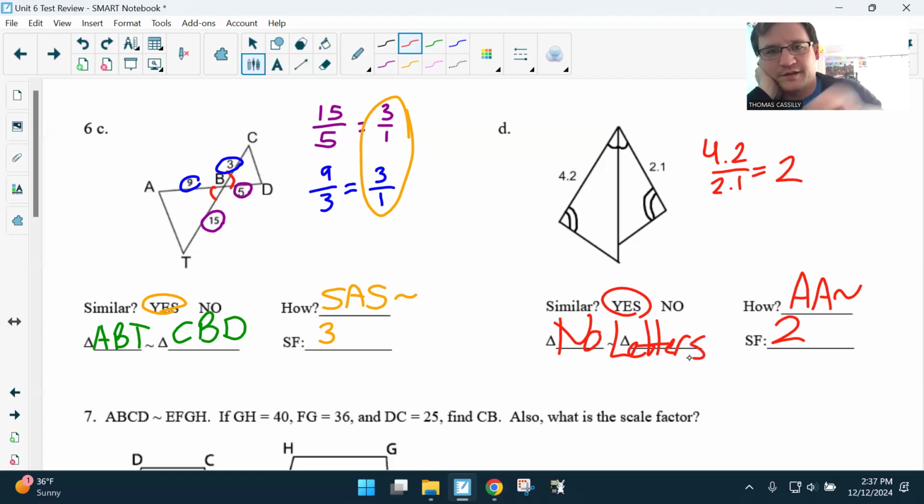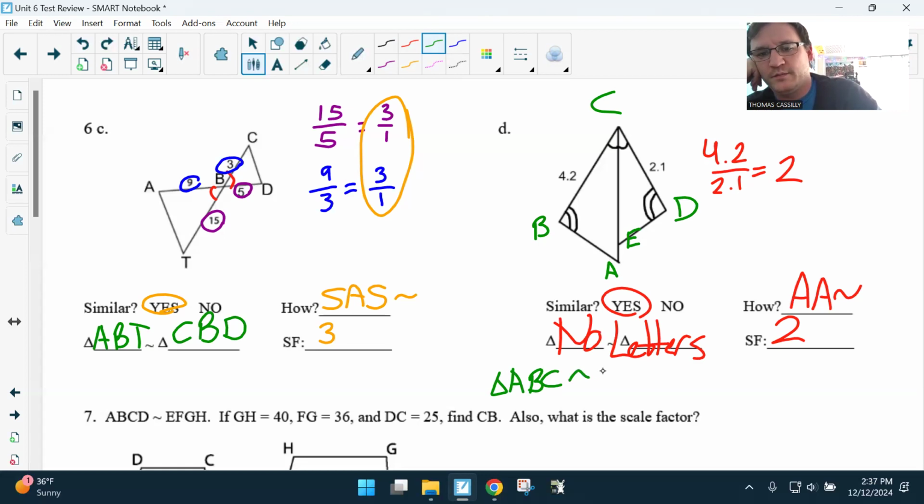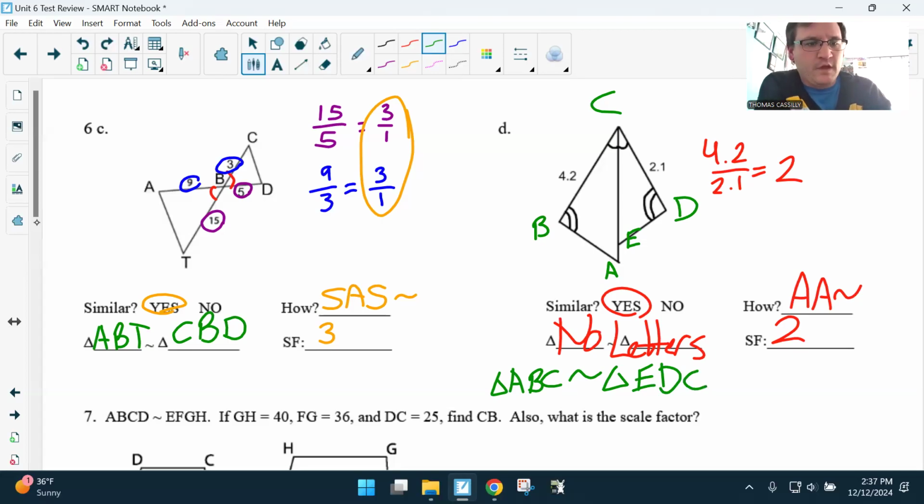Here, I'll put some letters on. Let's call this A, B, C, D, E. So triangle ABC is going to be similar to triangle EDC. All right, and that one's done.